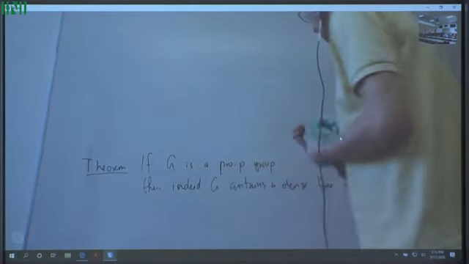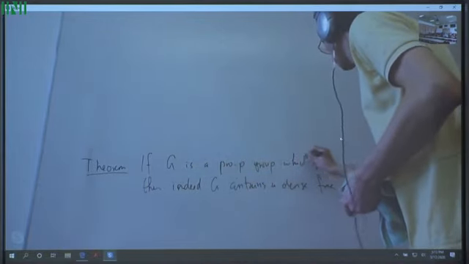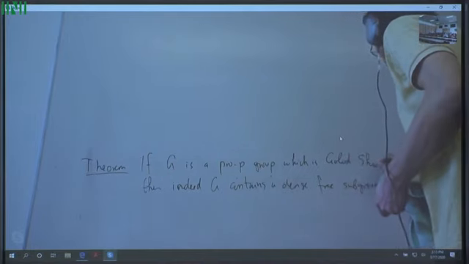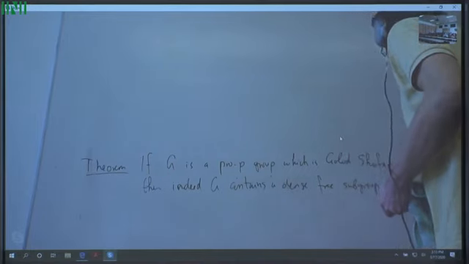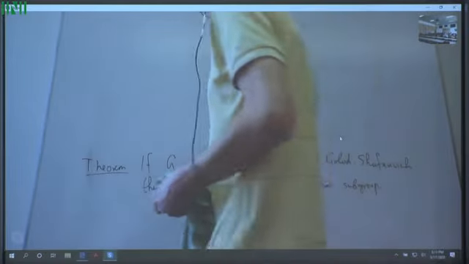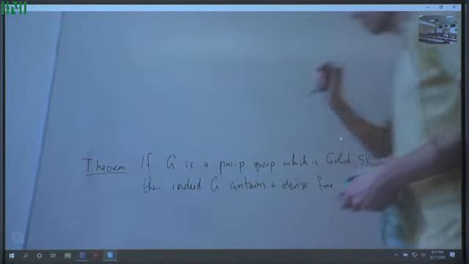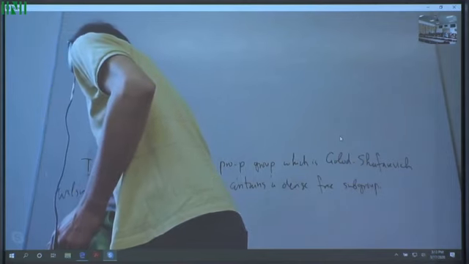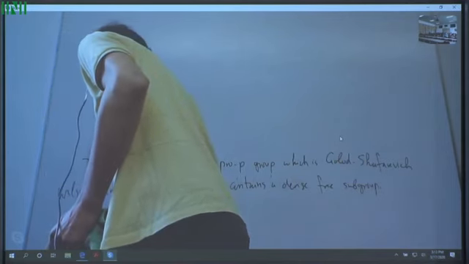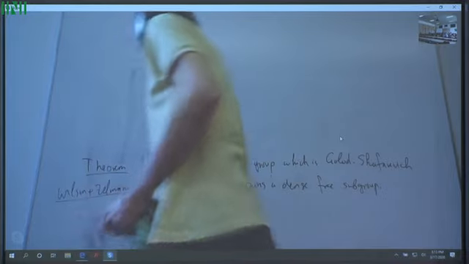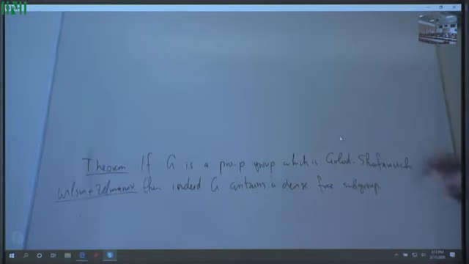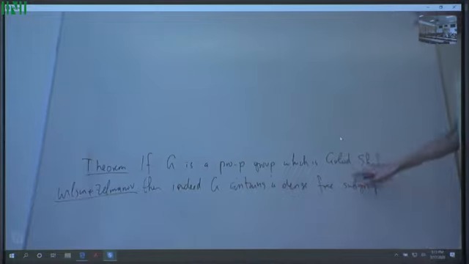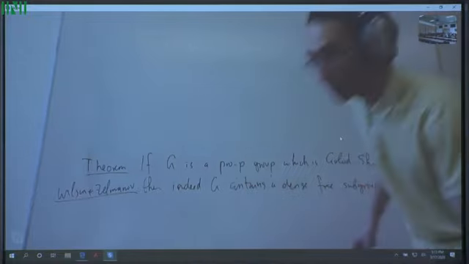If G is a pro-p group which is Golod-Shafarevich, then indeed G contains a dense free subgroup, and this is a theorem due to Wilson and Zelmanov. And there are strong connections between Golod-Shafarevich groups and pro-p groups of positive rank gradient.